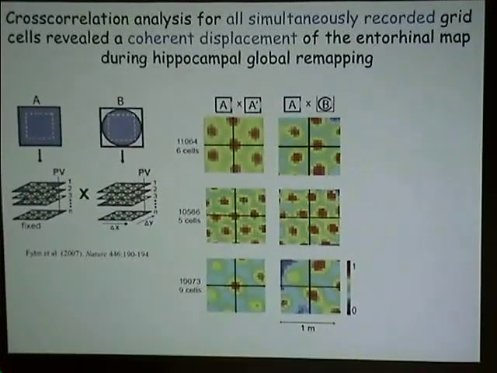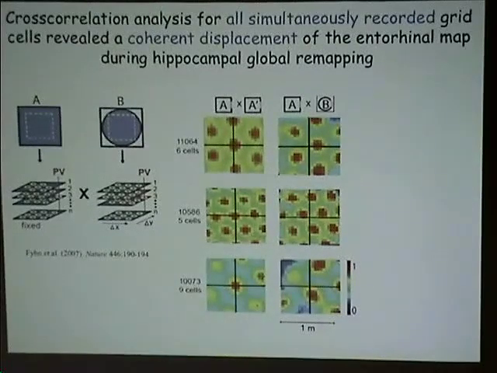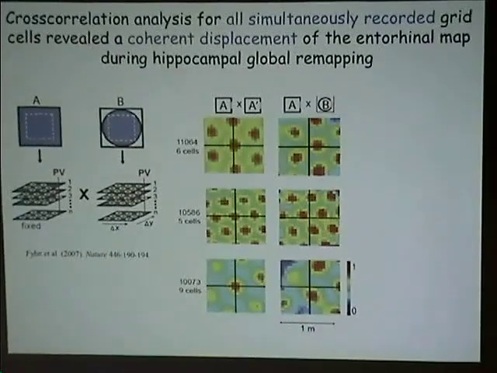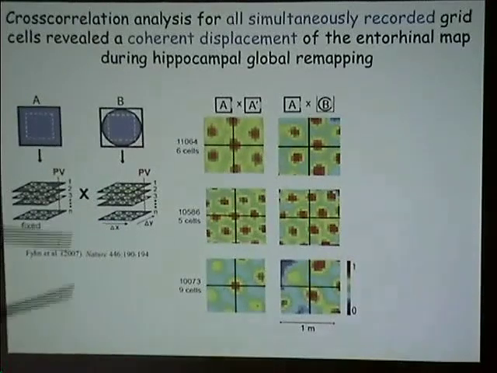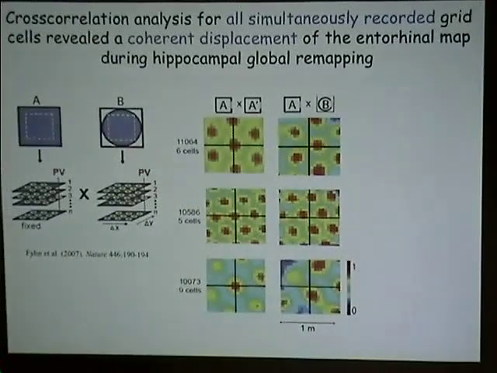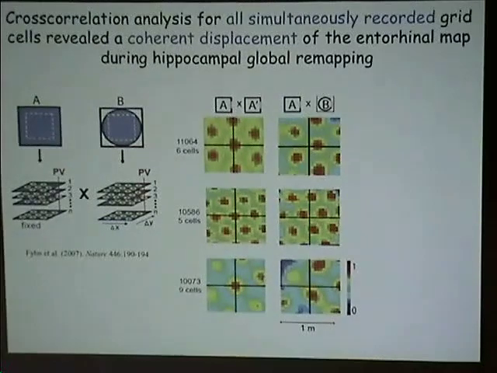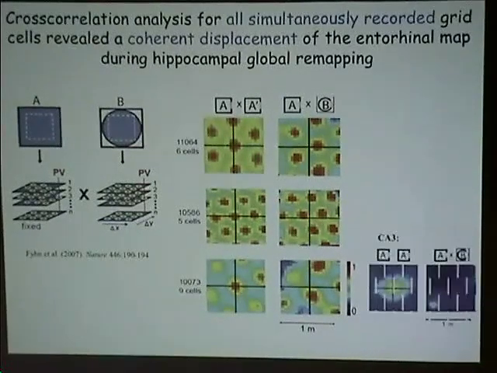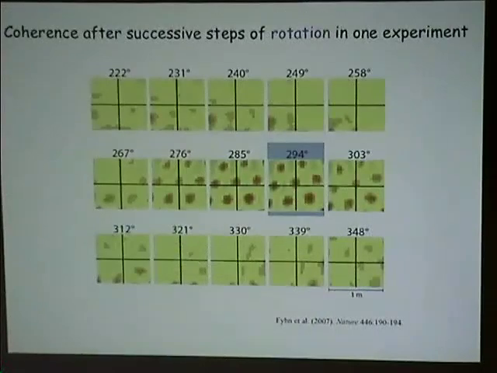And at that time, we didn't have modules, but still all the cells were recorded at the same place, so probably most of them were from the same module. So very rigid. And when rats are tested in different environments, then the whole ensemble of cells sort of shifts coherently.